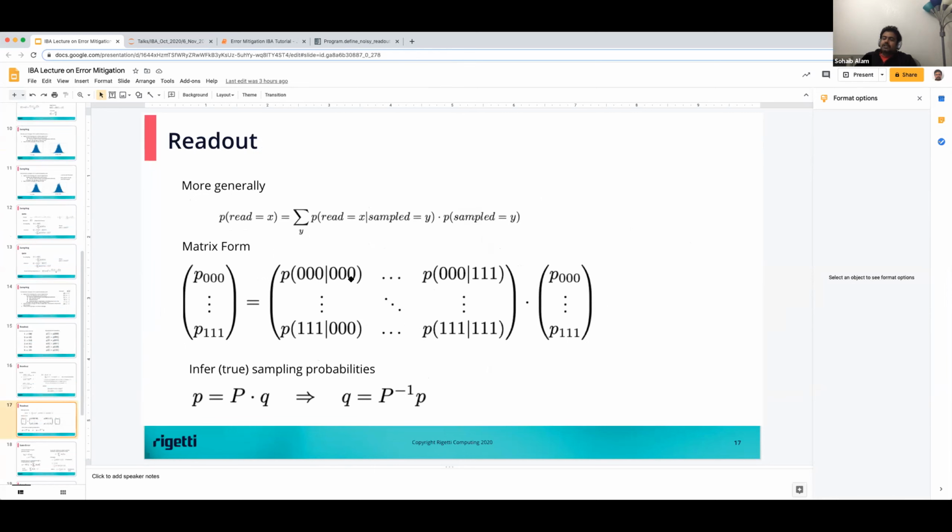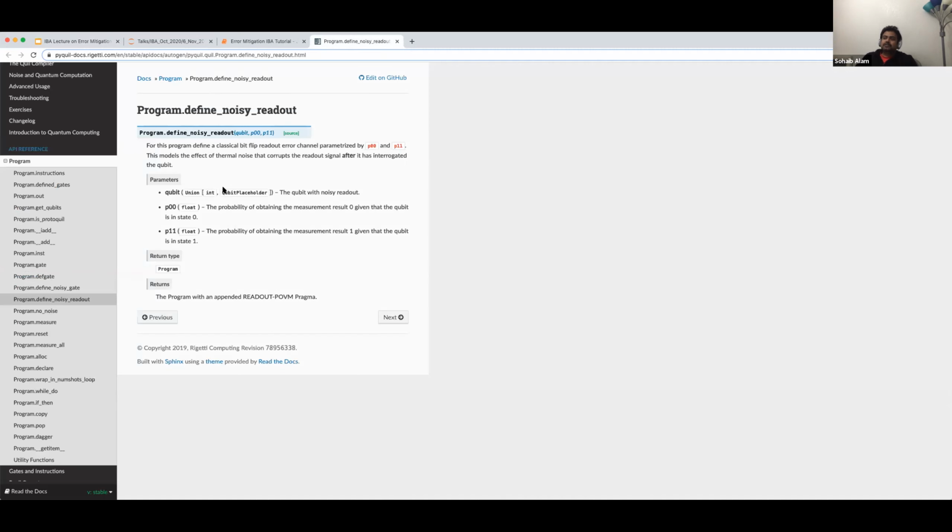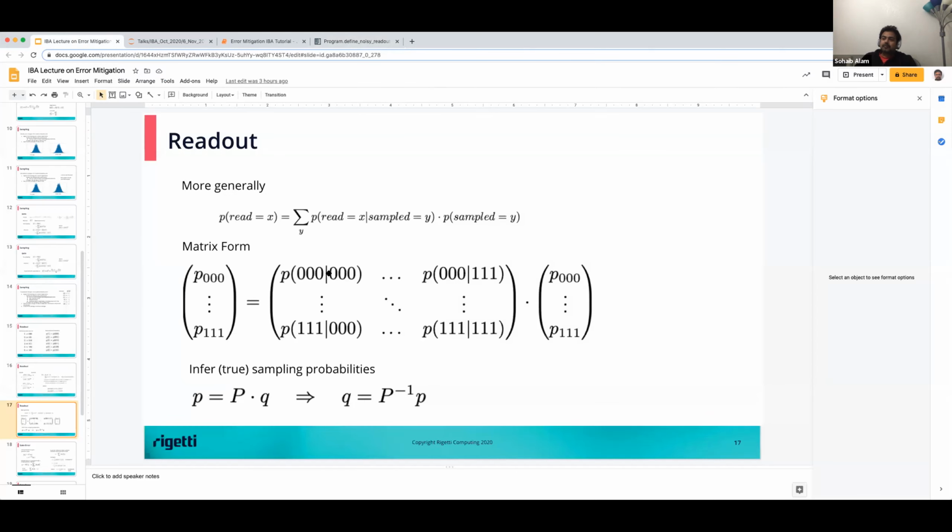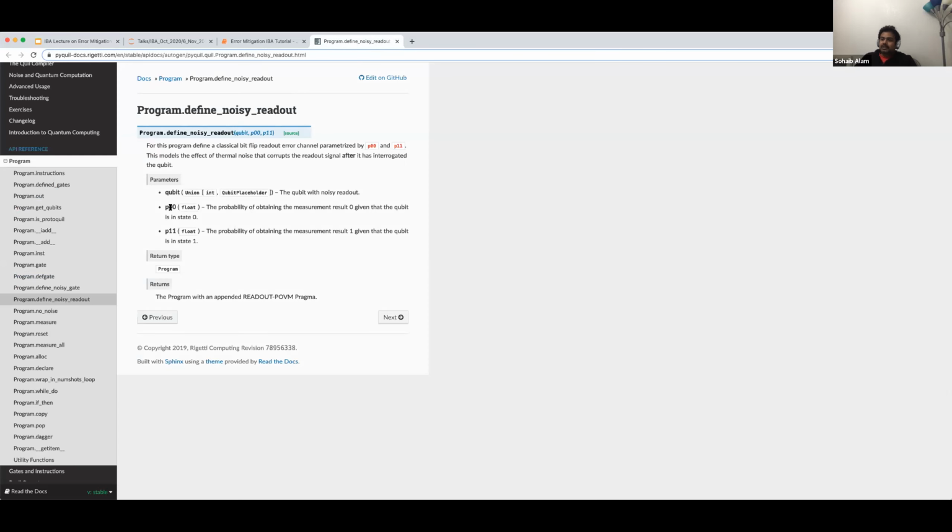So more generally speaking, right, we shouldn't just be specifying P0 given 0, but rather what these ginormous probabilities are. Now, of course, it's true that once you define what these probabilities are, this is in turn going to have an impact on what all of these probabilities are, right? But generally speaking, on our physical QPUs, these kinds of probabilities don't break apart nicely on a per qubit basis.